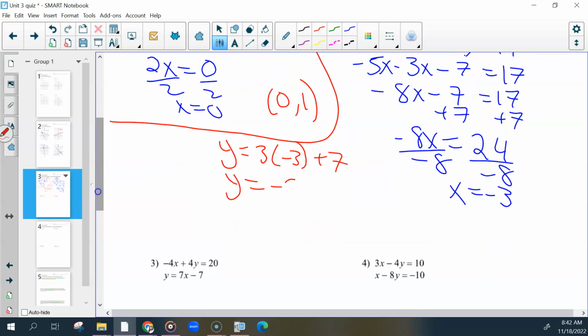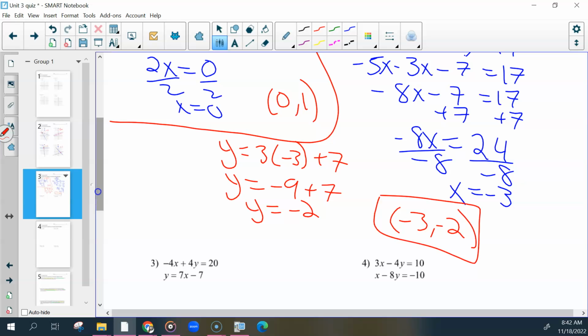So this should be -9 plus 7, or y equals -2. So your solution was (-3, -2). Again, that one was worth 4 points: one for substituting correctly, one for solving for one of the variables, solving for the other variable, and then the solution.